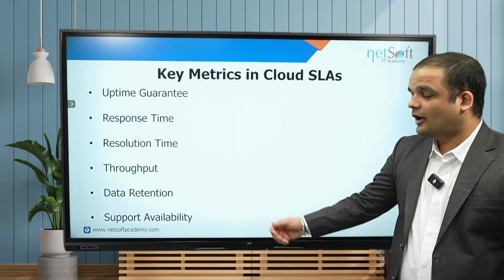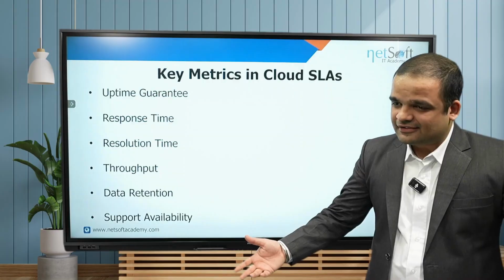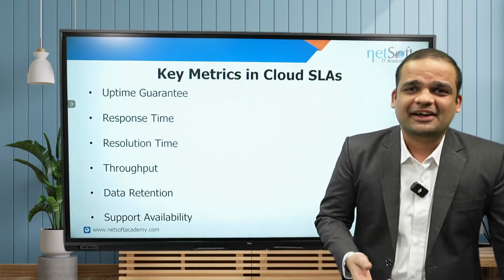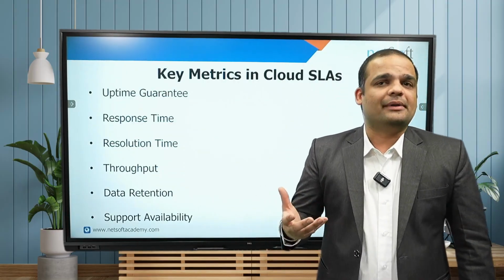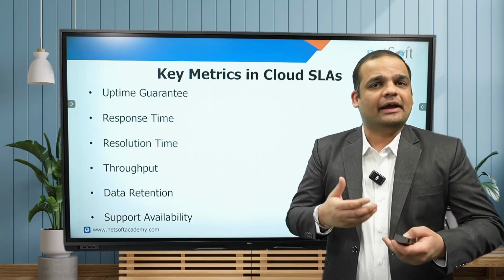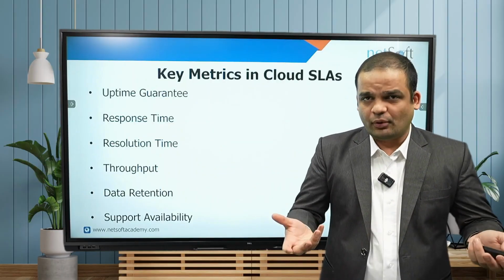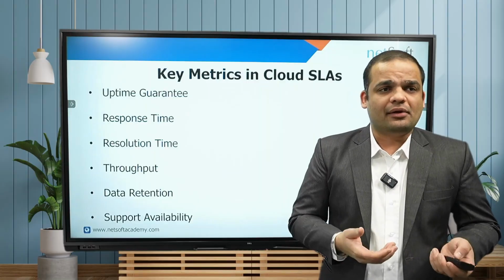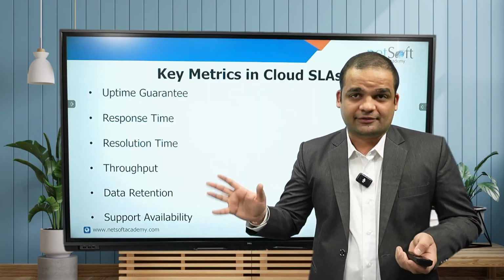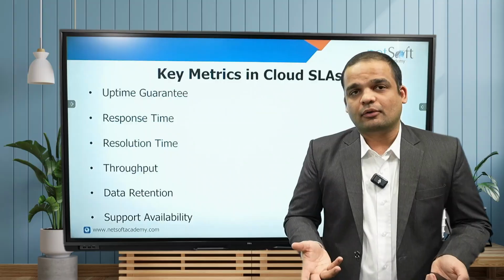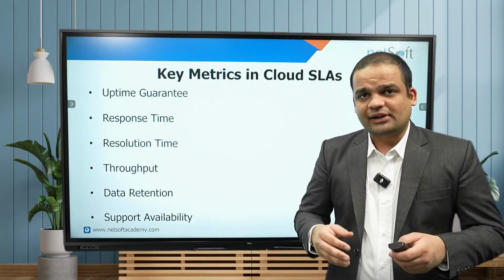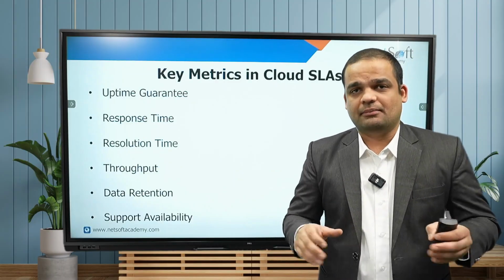Support availability means customer support kind of thing, right? So support availability, this defines the availability of technical support. For example, a provider might offer for paying customers 24/7 support for critical issues, ensuring that the help is available at any time.